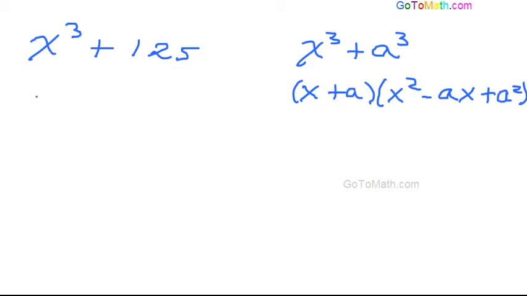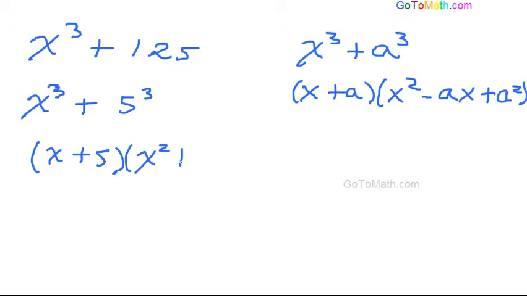So what do we got going on over here? We got x cubed plus 125. Now what number would be cubed to get 125? I'm thinking it's 5. Right? 5 cubed is 125. So this ends up becoming x plus 5 times x squared.